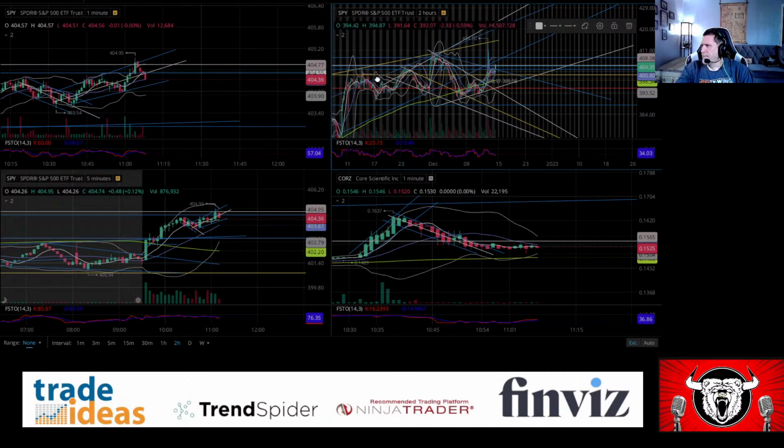Why does it keep doing that? It's disappointing. Highlight. There we go. There it goes. Yep, right through the regression line. Target right in the bottom of the channel. That's the third attempt on support. That'll probably consolidate one bar and maybe break over there.